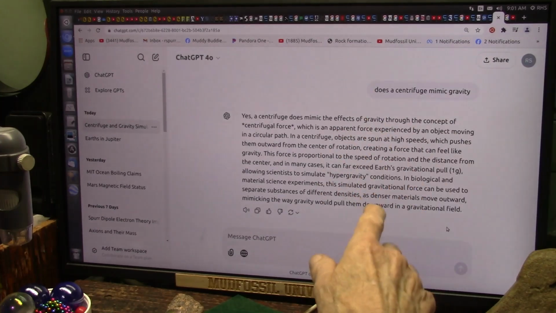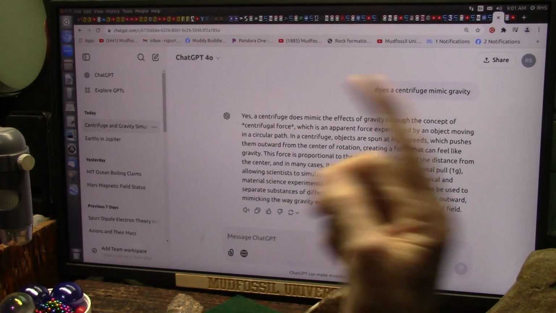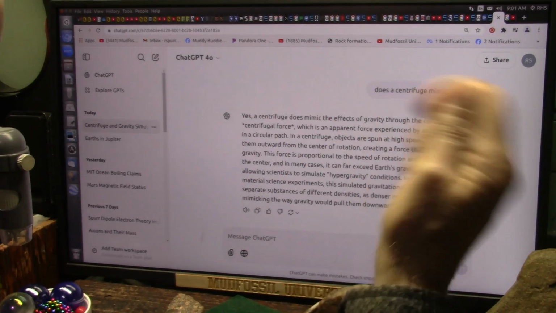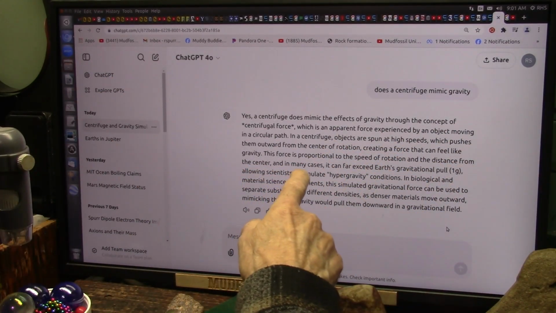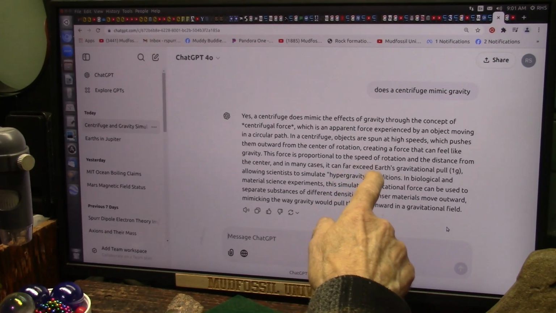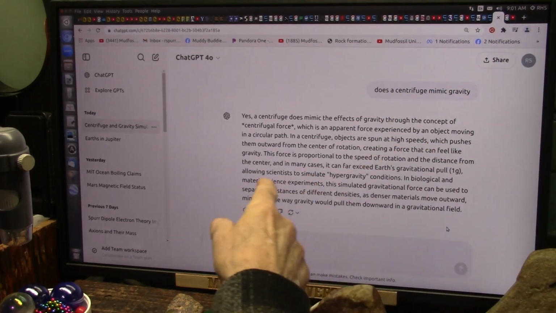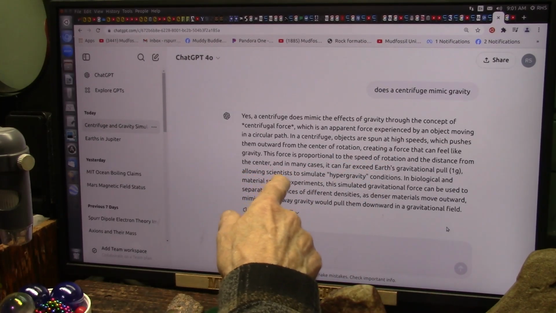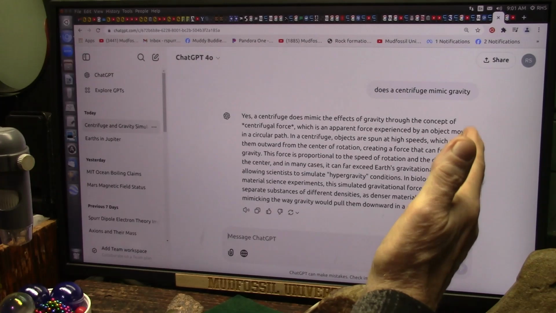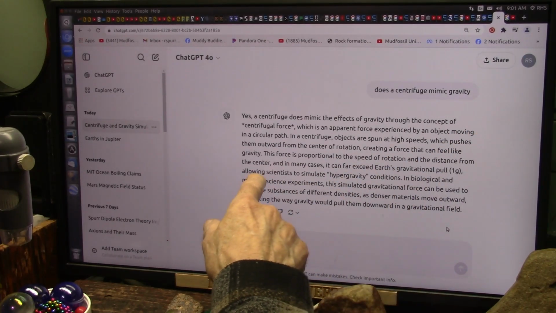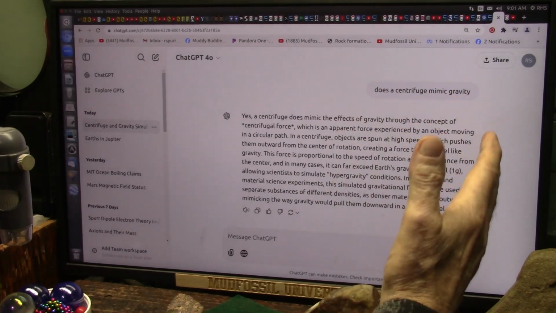Now, let's just cut down to the thing down here. It says, the force is proportional to the speed of the rotation. The faster it spins, the harder it pushes. The distance from the center, in many cases, can far exceed Earth's gravitational pull, which is 1 gravity, 1 g. Now, on Jupiter, it's about 1,300 g, something like that. It allows scientists to simulate hypergravity conditions, which is what Jupiter is.